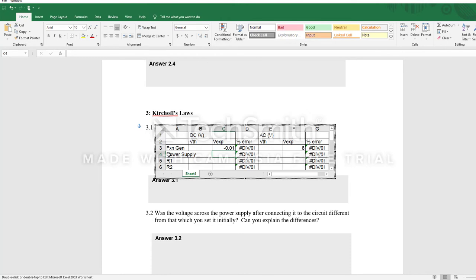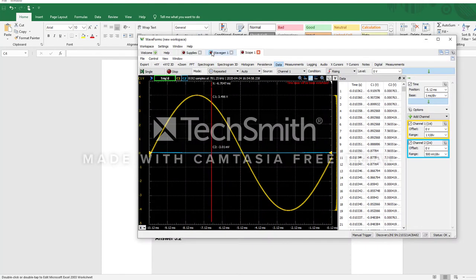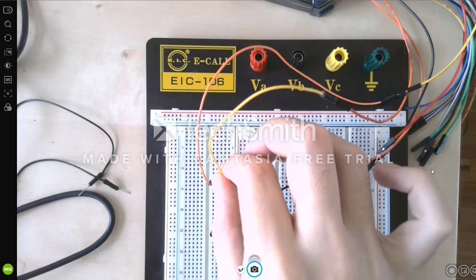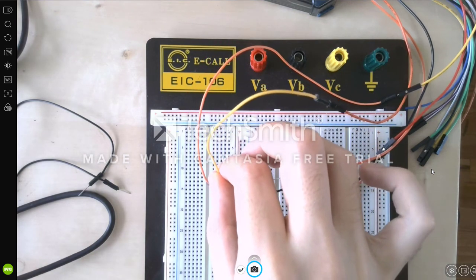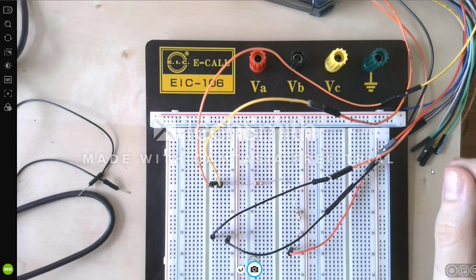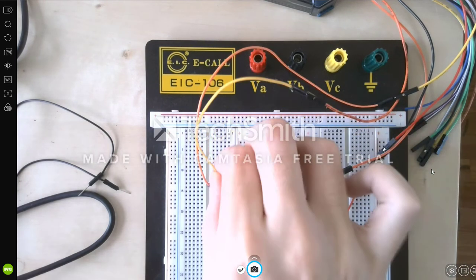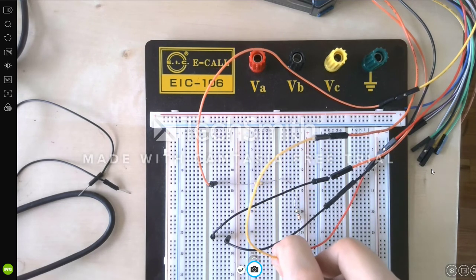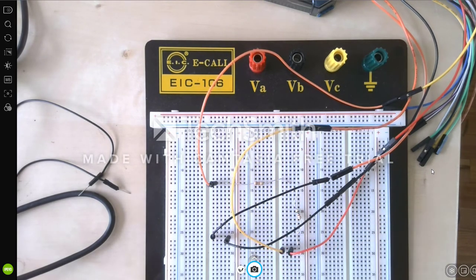All right. Secondly, let's measure the power supply. Turn the wave generator back on. Go back to our circuit. Now the negative node stays on the ground. But wait. We will take the positive node of our channel and connect it in parallel with the DC supply.